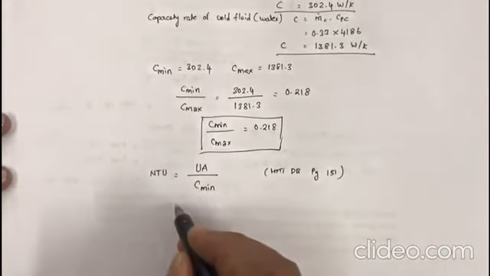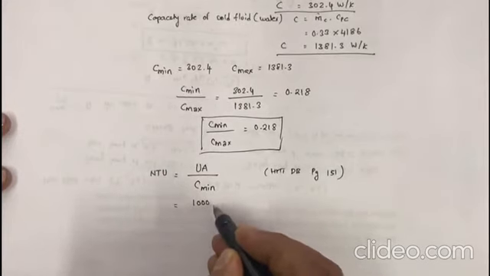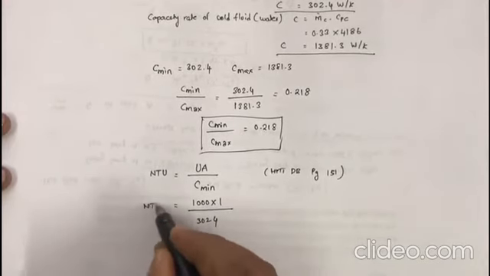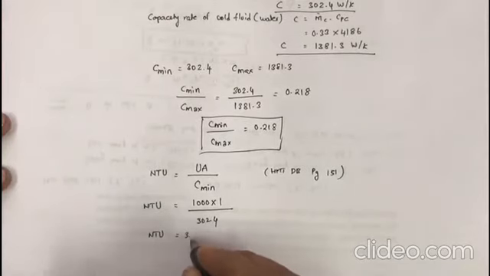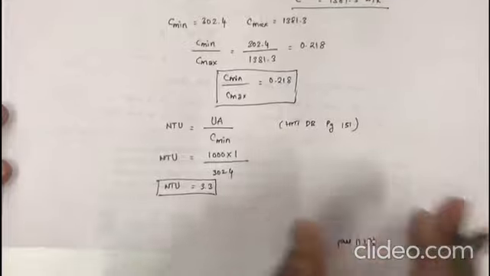Alright, so now NTU will be, U is given as 1000, area is 1 meter square, C min is 302.4. So NTU will be 3.3. So this will be the value of NTU.